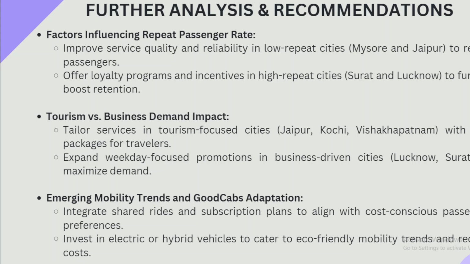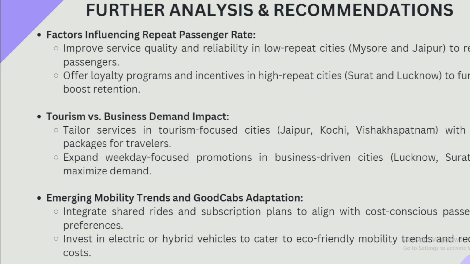What factors influence the repeat passenger rate? We have to improve our service quality to retain passengers in Mysore and Jaipur, which have the lowest repeat passenger rate, and offer loyalty programs in the highest cities like Surat and Lucknow.